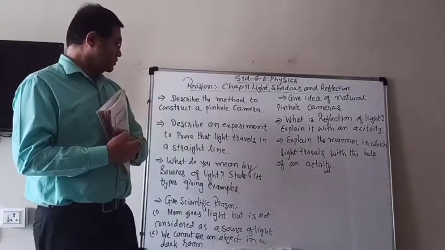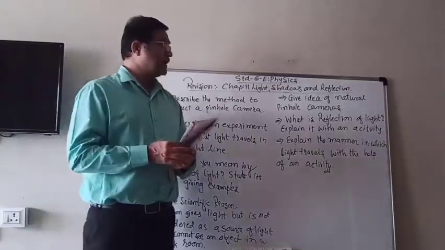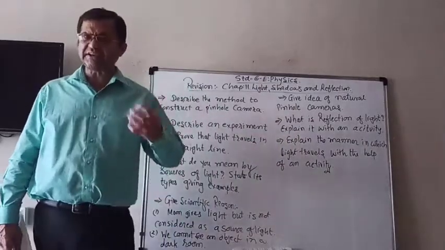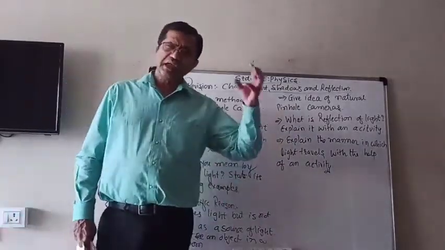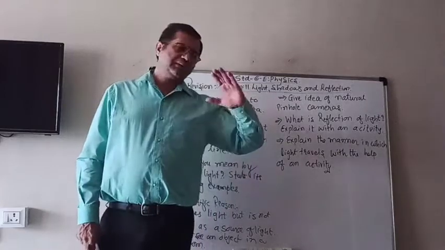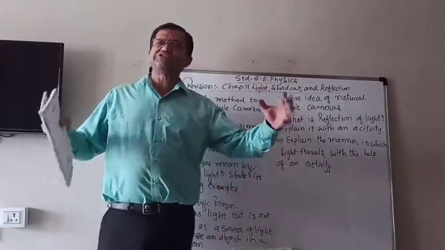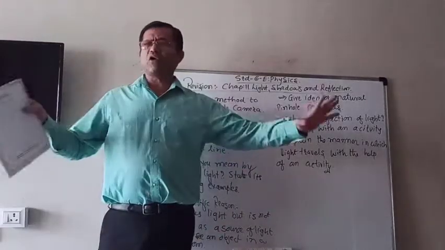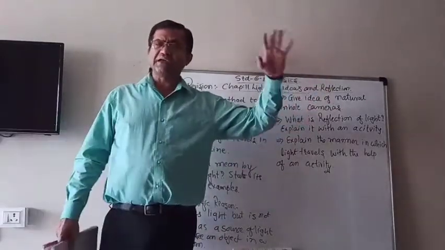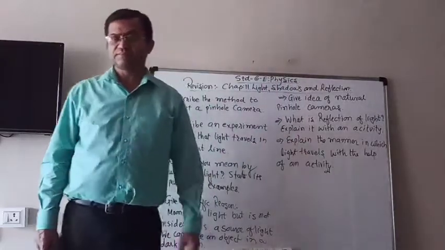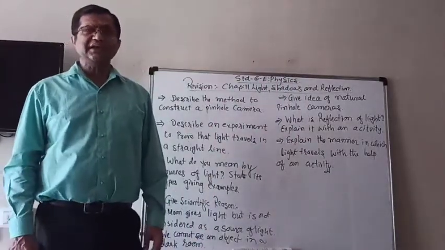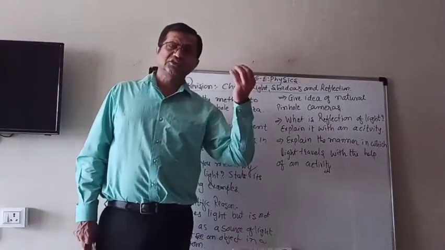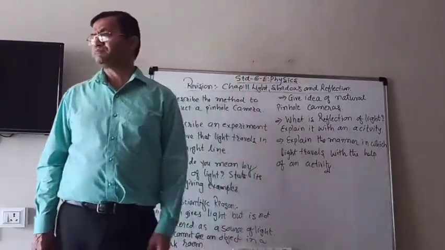Now there are some natural pinhole cameras also. What are these natural pinhole cameras? If you are passing through a very dense forest, which is full of long, tall trees, then generally the sunlight is not visible directly.